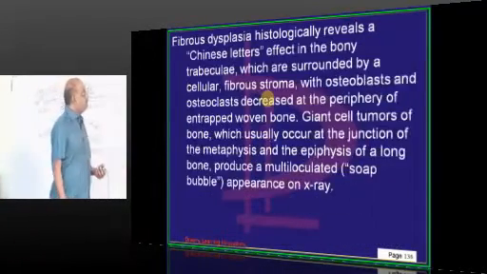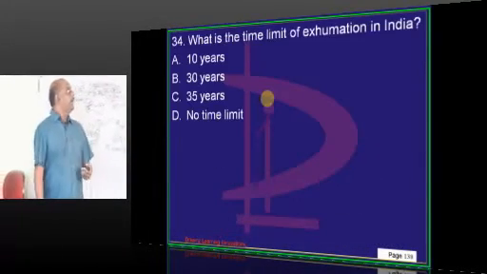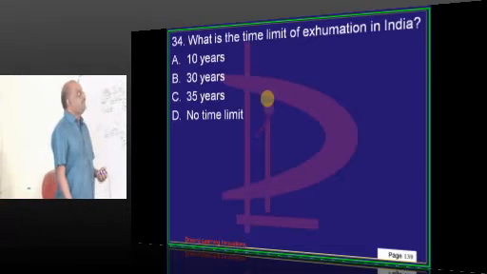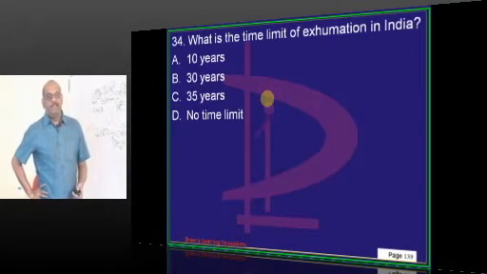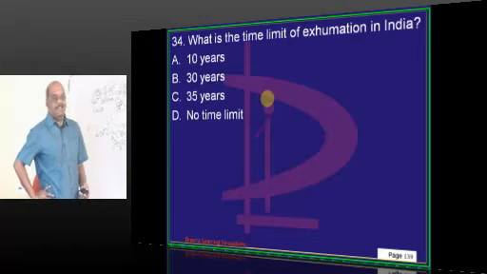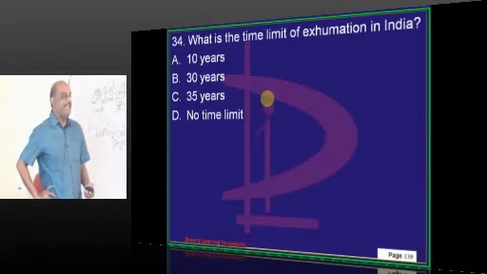Now, what is the time limit for exhumation in India? For political scams, or exhuming dead bodies, or taking out the skeleton from almirahs, there is no time limit in India.